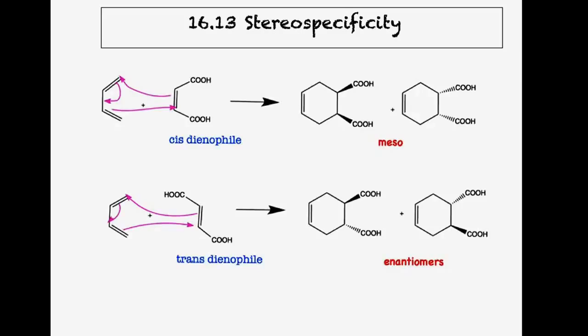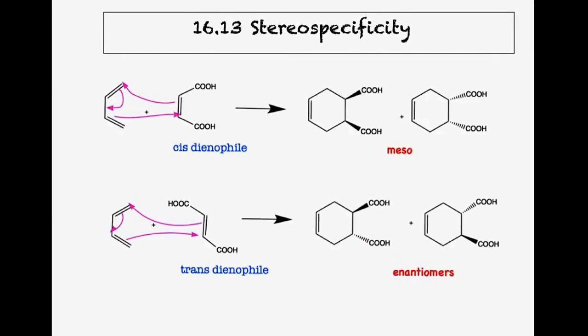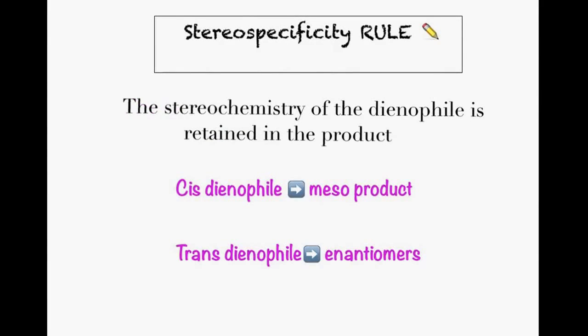On the other hand, when you have a trans dienophile, this means that the substituent groups are on opposing sides and you get 2 enantiomers with trans groups on opposing sides. So one basic rule to follow with stereospecificity is that the stereochemistry of the dienophile is retained in the product.